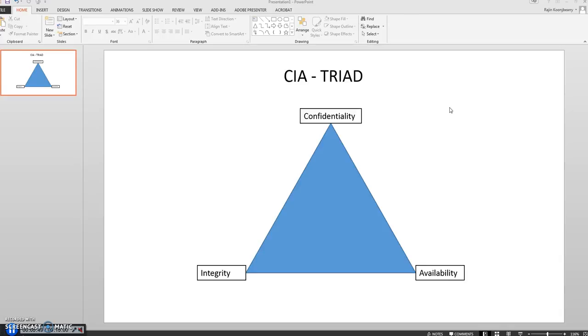As an example, Social Security number. Of course, we want the Social Security number to be confidential. That's the most important attribute for the Social Security number, right? The second most important attribute is probably integrity, because we do not want that Social Security number to be changed. And the third priority is, of course, availability.